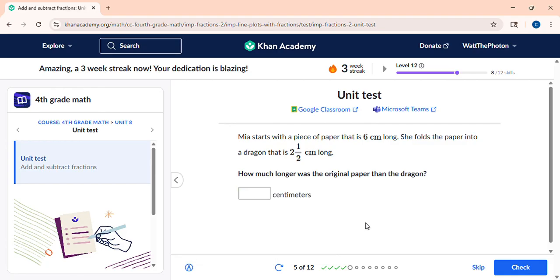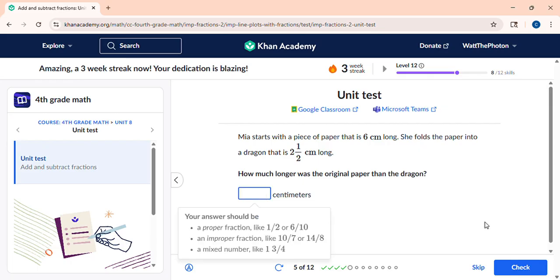That's 6 centimeters long, and she folds it. So 6 minus 2.5. That's 3.5. Or 7 halves. 3 1/2. 4?